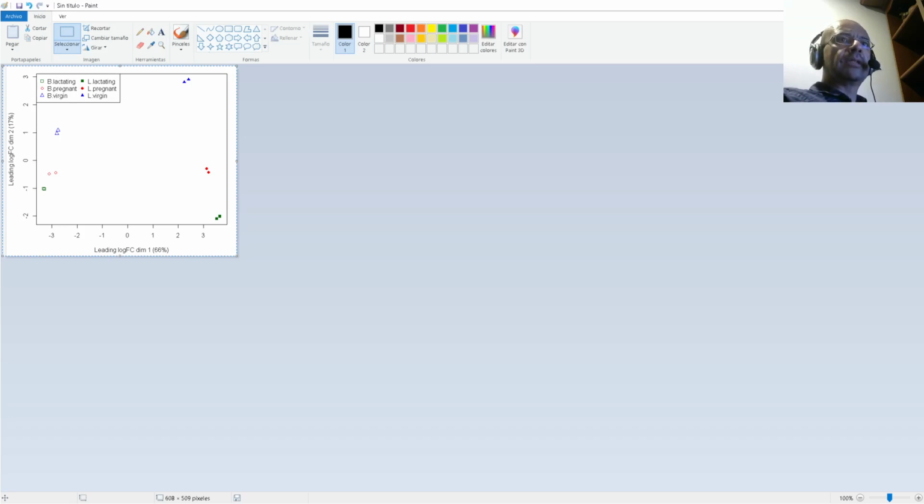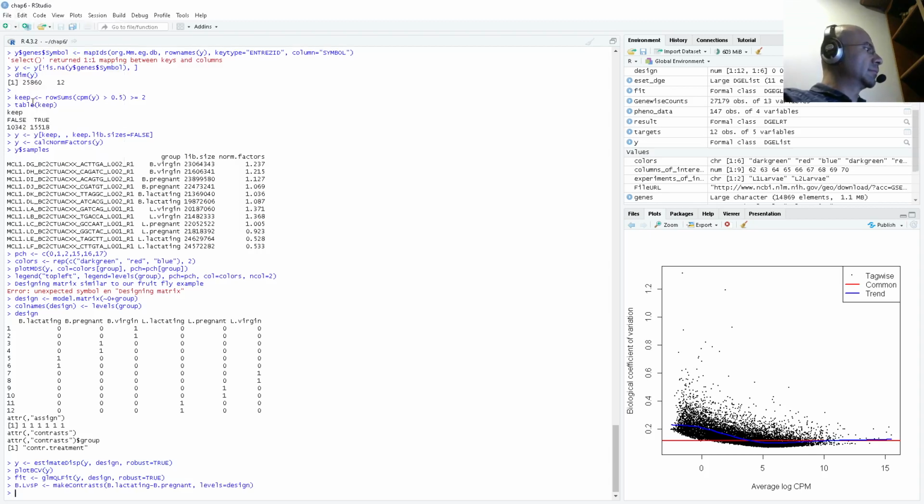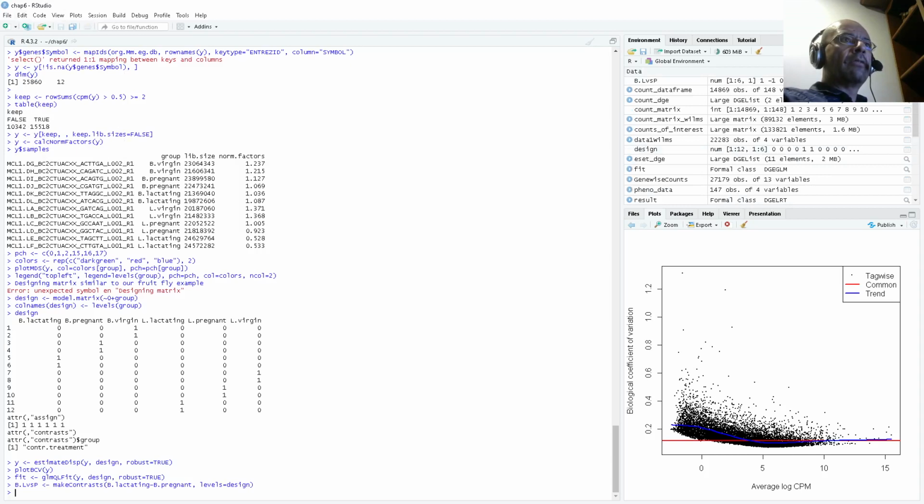To conduct this contrast comparison, we utilize the makeContrasts function. Finally, we use glmQLFTest to identify genes with the most significant differential expressions.